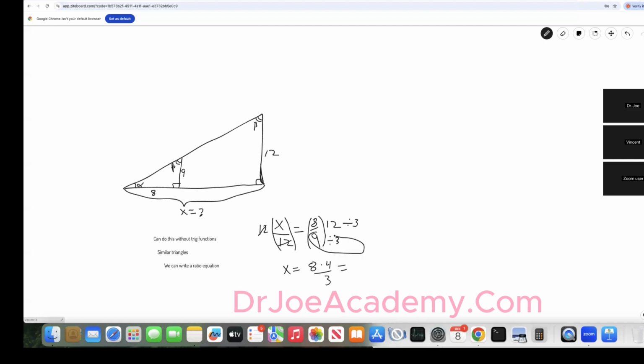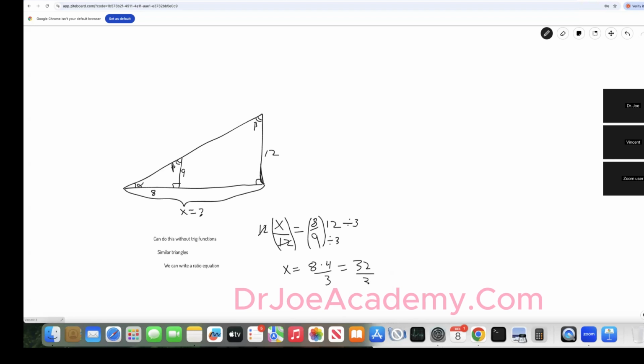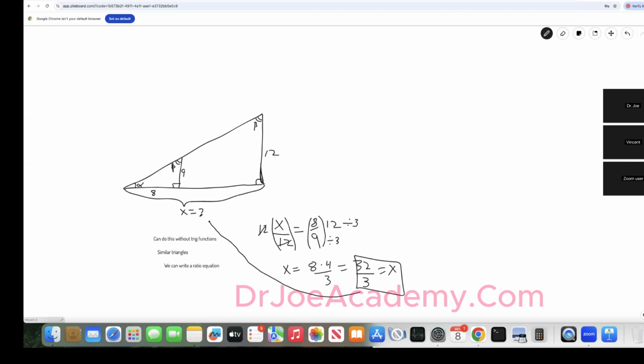Right, because 9 divided by 3 is 3, and 12 divided by 3 is 4. So it's going to be 32 over 3. So x equals 32 over 3. Okay, so do you have any questions about that?